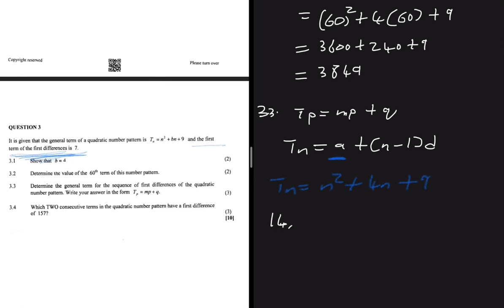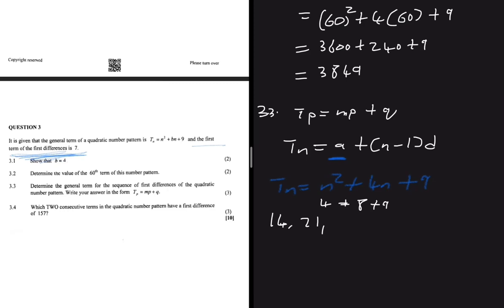And then 2 squared will be 4, plus 4 multiplied by 2 is 8, plus 9. So we basically have 17 plus 4, which is 21, right?